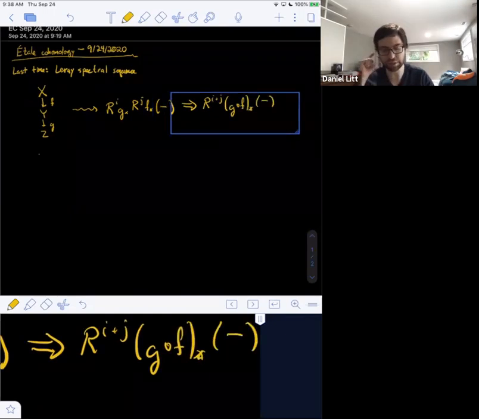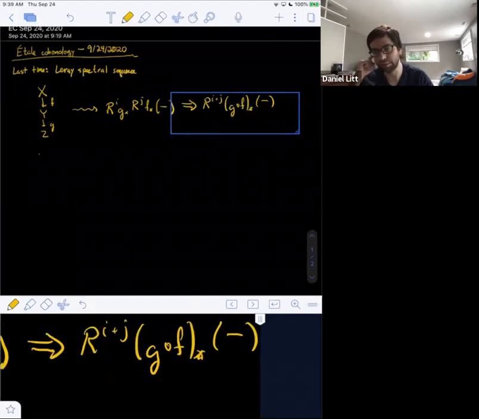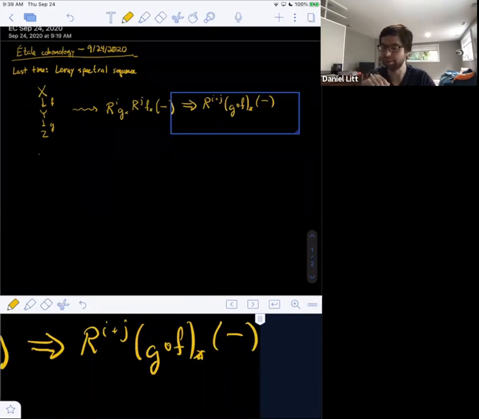The content of this was we showed that pushforwards preserve injectives, and then we used that to deduce the existence of the spectral sequence from the general spectral sequence of a composition of functors. Then I tried to explain how to actually get your hands on the differentials, at least on the E2 page.